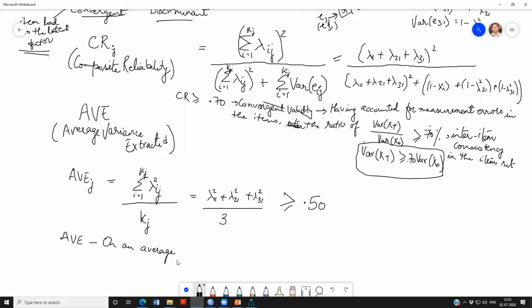So we are saying on an average, the latent factor explains more than 50% variance in the items.